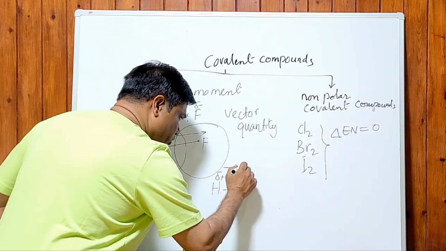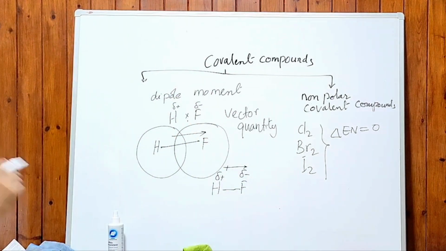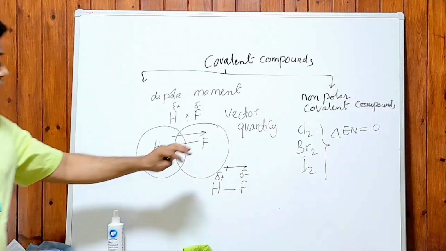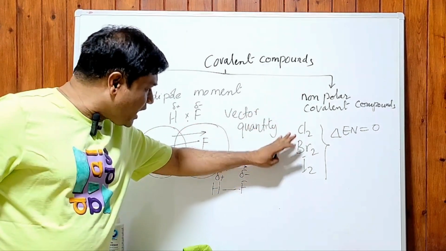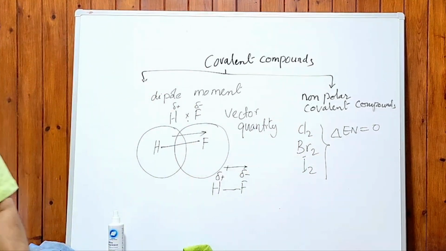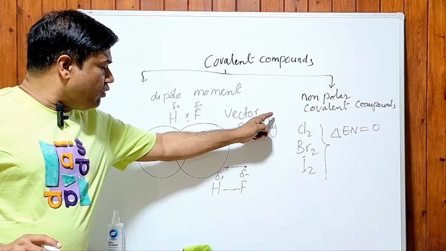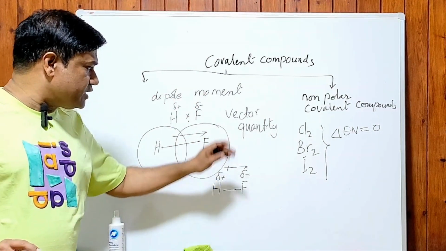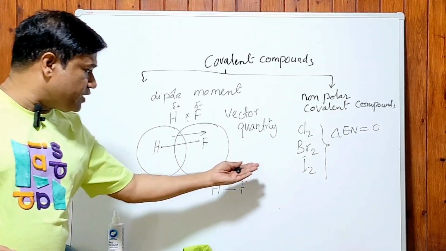We have to show the movement like this, from the positive end to the negative end. This is called the dipole moment, which is a vector quantity. So it has a direction and magnitude. A vector quantity has both direction as well as magnitude. For example, velocity is a vector quantity. It has a direction as well as magnitude. Acceleration is a vector quantity.